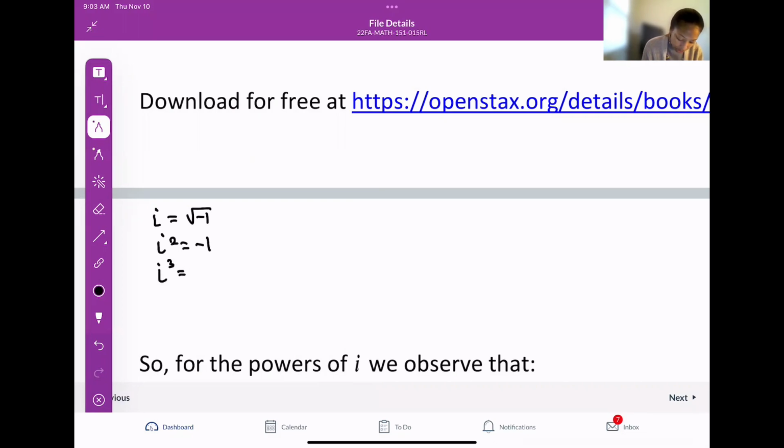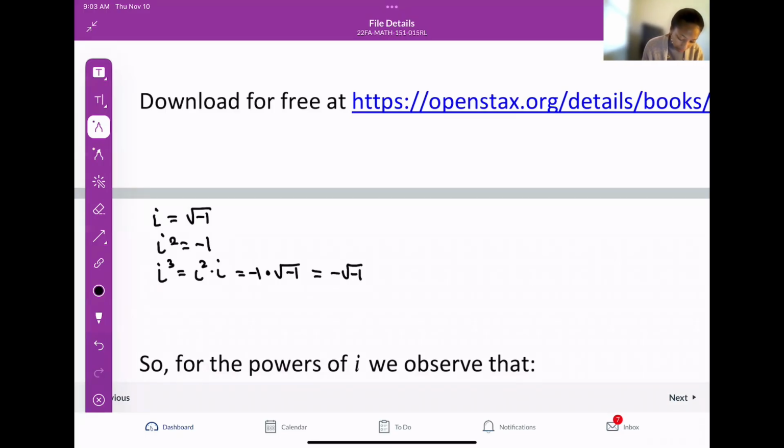i cubed is just i squared times i. We break it down. We know i squared is negative 1, and we know i is the square root of negative 1. So i cubed ends up being negative square root of negative 1.